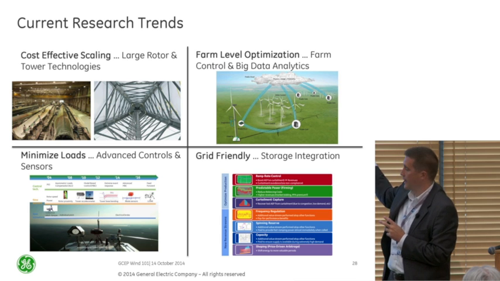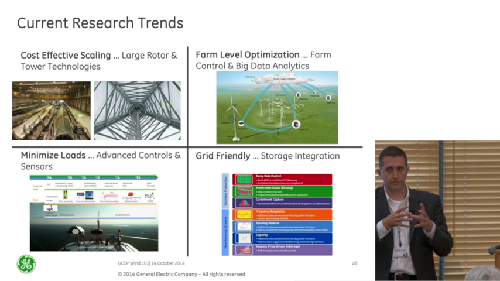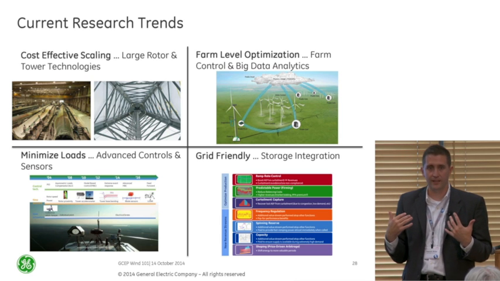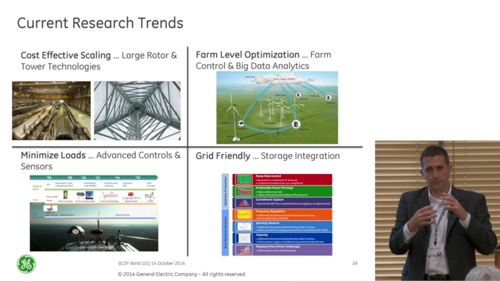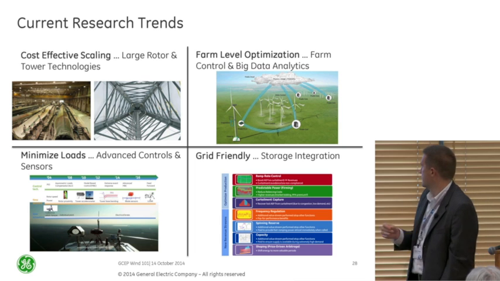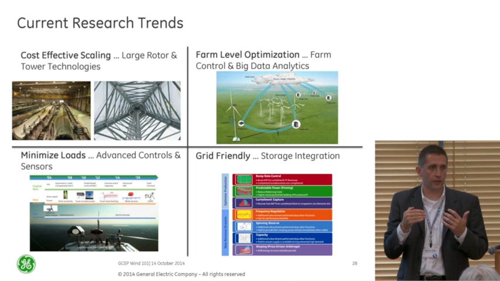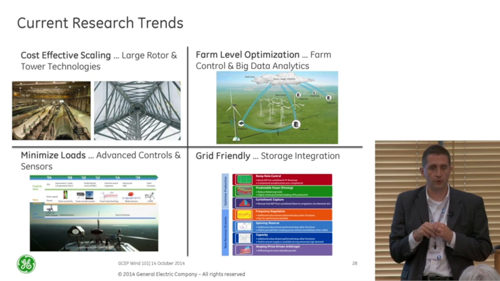There's a lot of work going on in terms of farm level optimization. I talked a little bit about some of the wake effects in terms of modeling those, but there's also a lot of data that you have at a wind farm. How do you take the big data analytics and map that in terms of how do I best extract value out of this wind farm? Do I look at how one turbine might be performing versus another, if there might be some sort of O&M problem I need to look at?